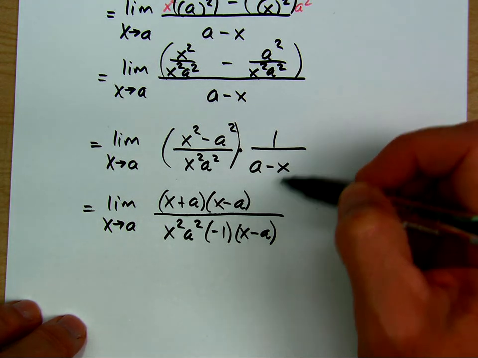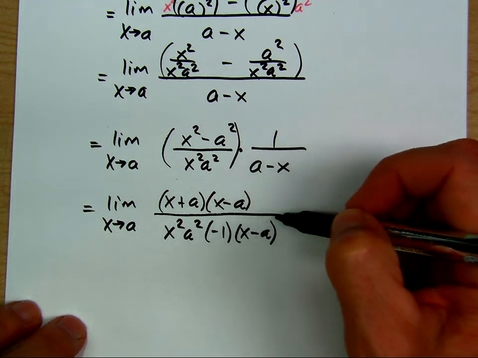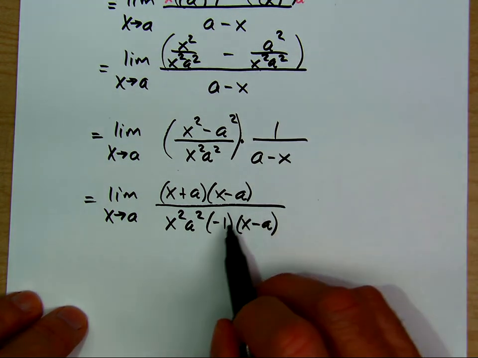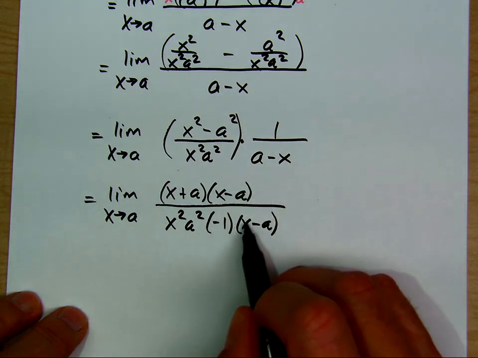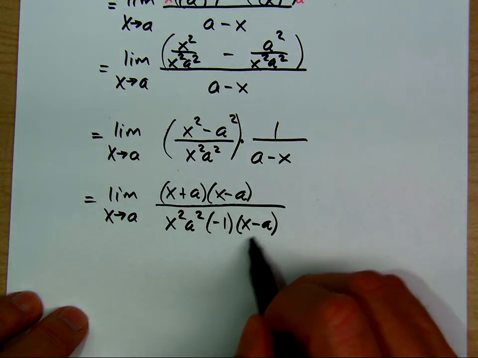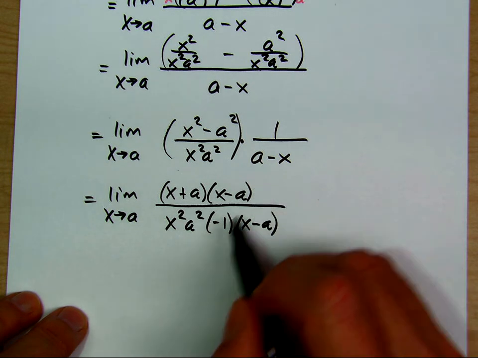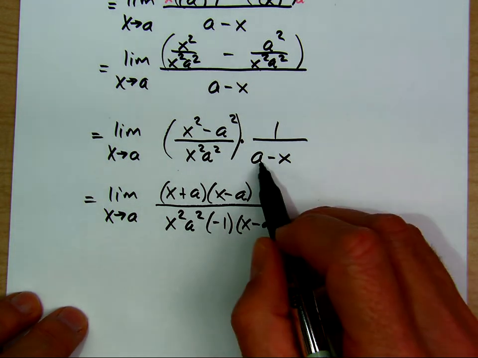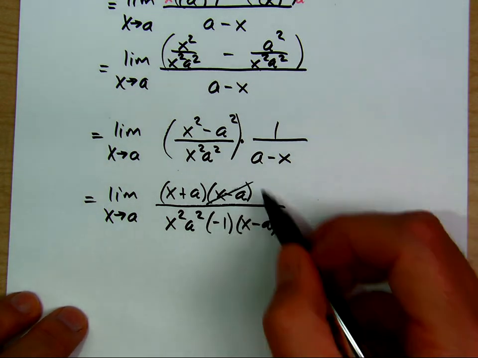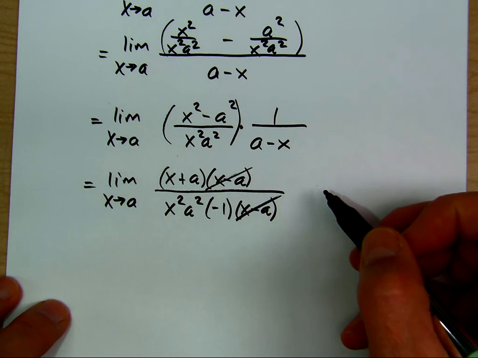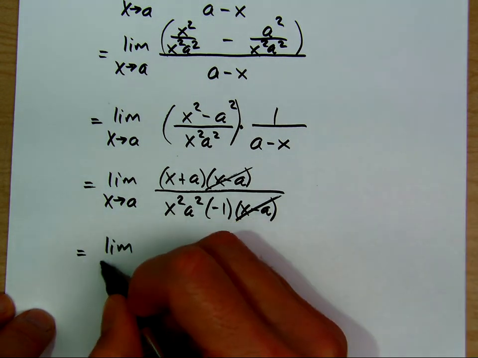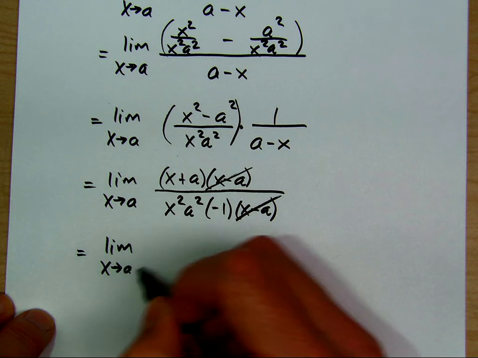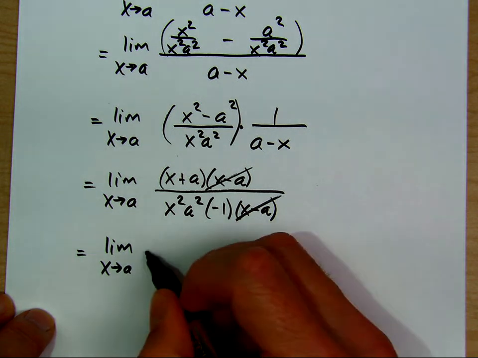Well, we need to have them in the same order with subtractions, so I'm going to factor a -1 out of this. If I distribute the -1, we'll have a negative x. -1 times negative a is positive a, so this is the same as that. And now that cancels. I'll just put that negative out in front.